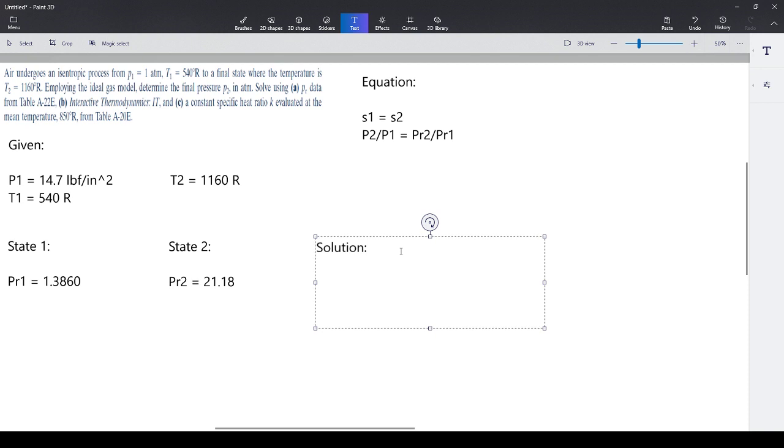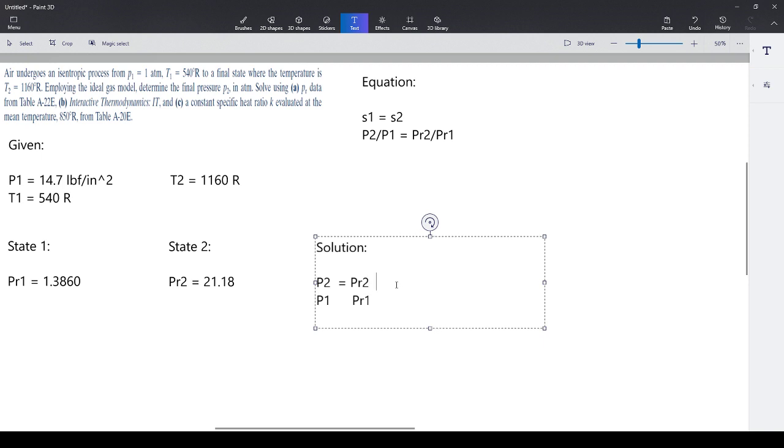We are trying to find the second pressure. So we have P2 over P1 is equal to PR2 over PR1.